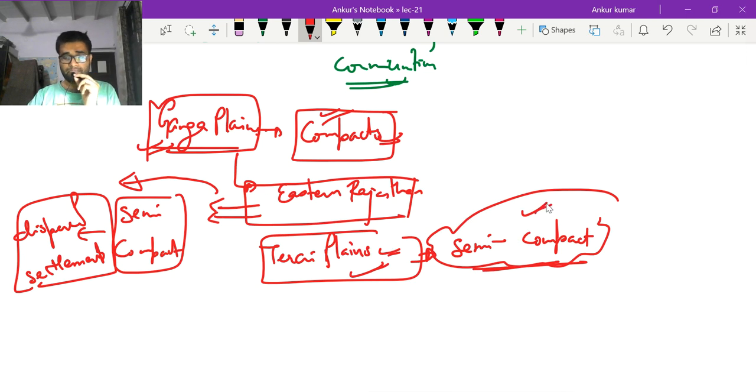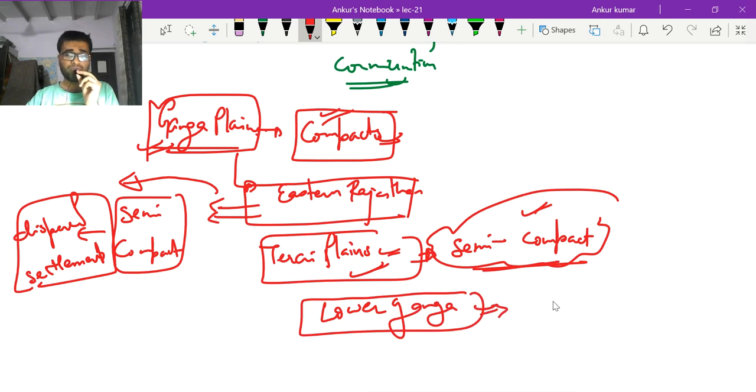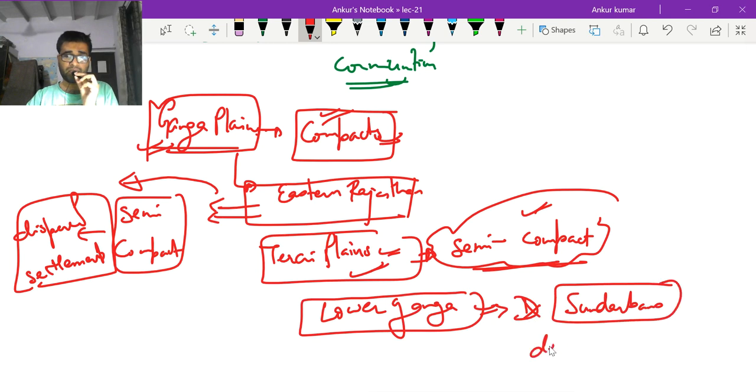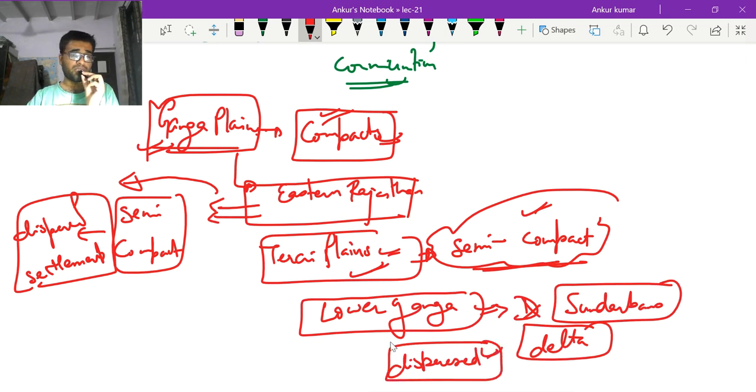Similarly, as you move downwards into the lower Ganga plains, the settlements vary. For example, in the Sundarbans Delta or in the delta regions, the settlements are dispersed. Another point is that in the lower Ganga plains, the morphology of the settlements basically depends upon how the river is braiding at that point.